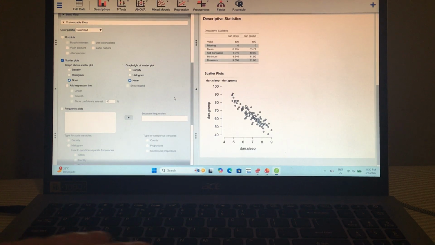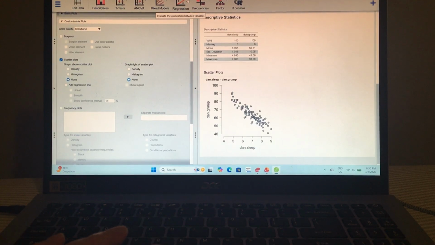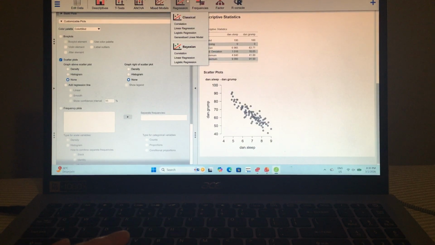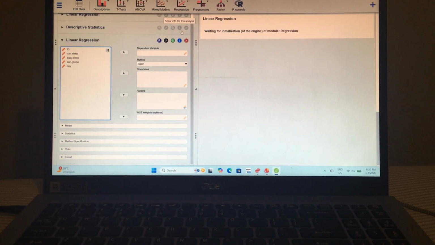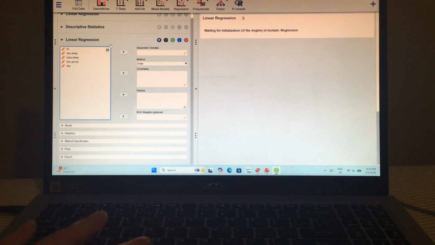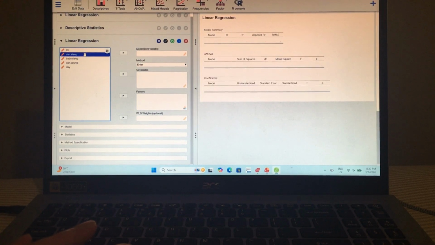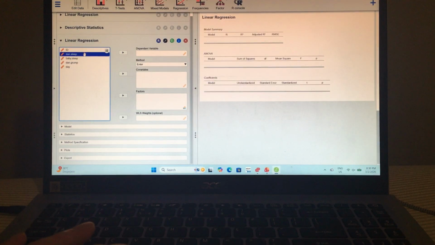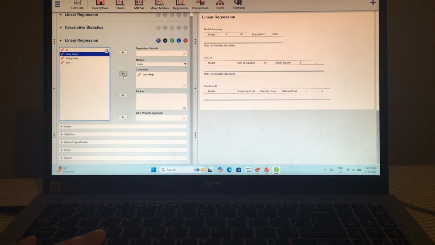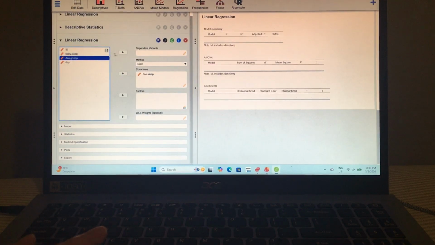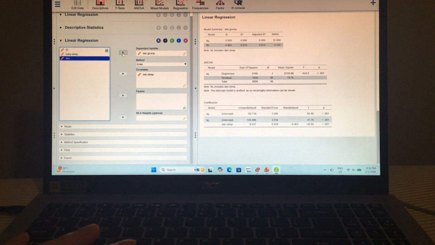So we're going to go to regression, classical, linear regression, and we're going to move Danny's grumpiness into the dependent box, and Danny's sleep into the covariates box.